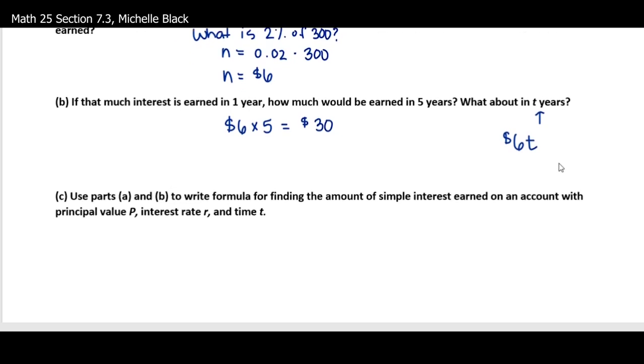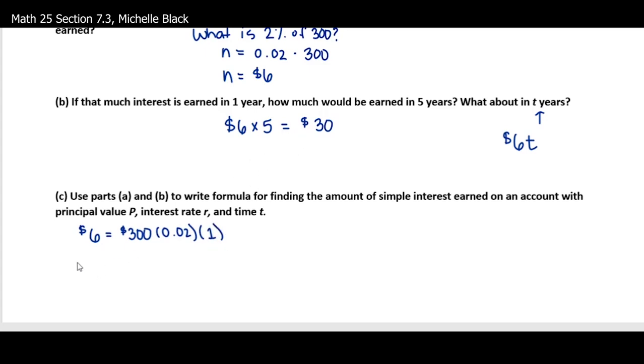So now we want to use parts A and B to write a formula for finding the amount of simple interest earned on an account with principal value P, interest rate R, and time T. Well, we saw, if I go back to the first one, that I earned $6 when I multiplied my original amount by the interest rate, and this was for 1 year.